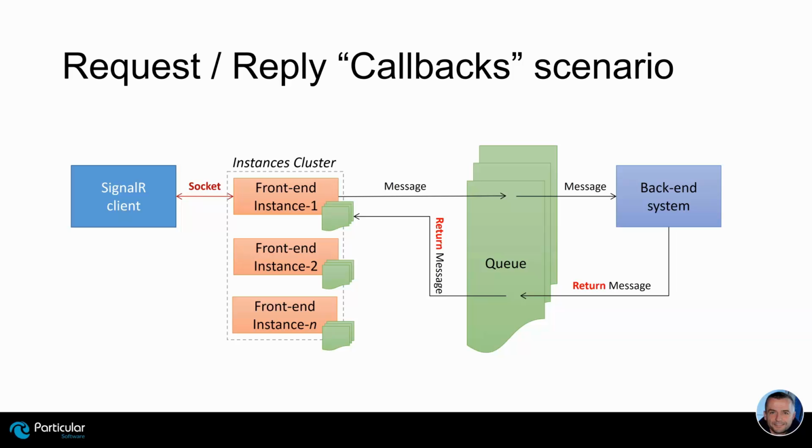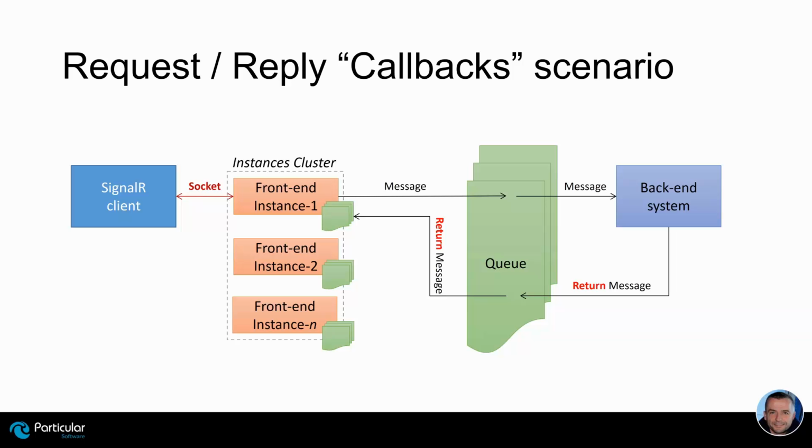The only thing that we really need to store somewhere is the client ID, the SignalR client ID. That is very important in order to allow the front-end instance to talk back to the correct client. The perfect place to store that is the message itself.